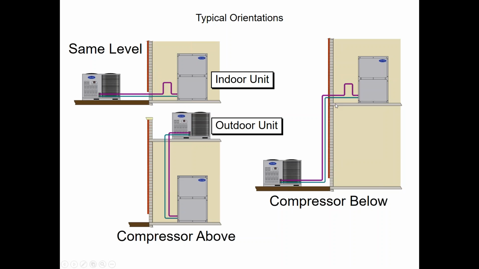So always look at your piping and think about flow, think about vertical lift, think about vertical rise for suction, and think about the hot gas, which is a little bit different, but basically the same theory as suction pipe.